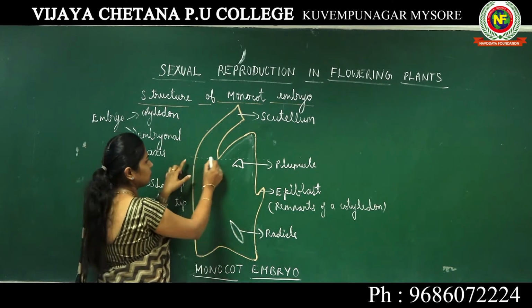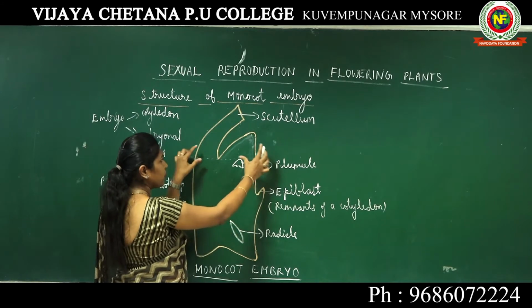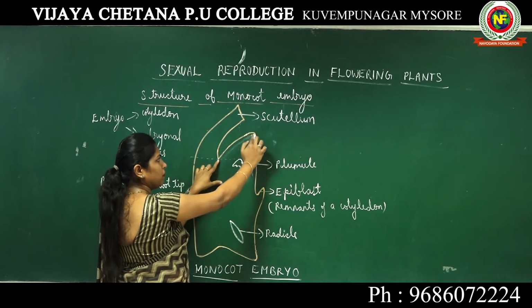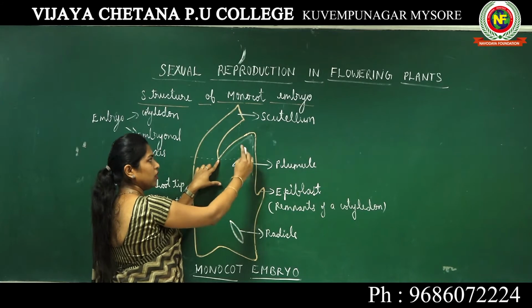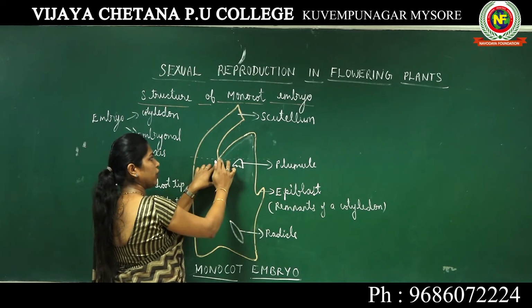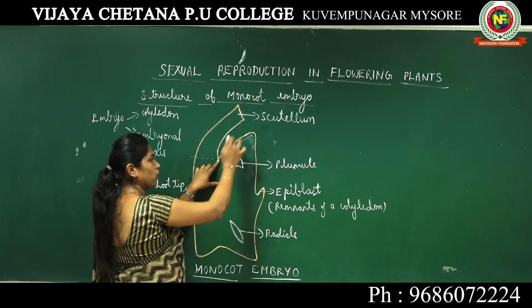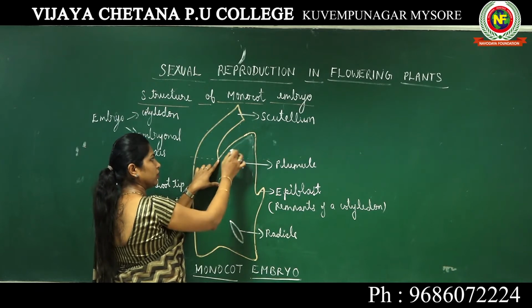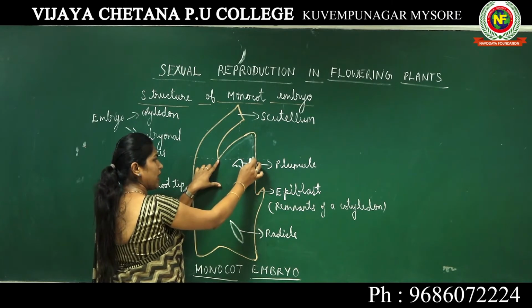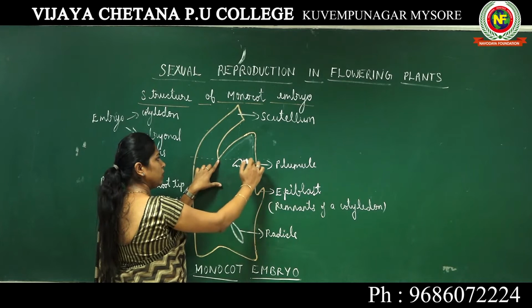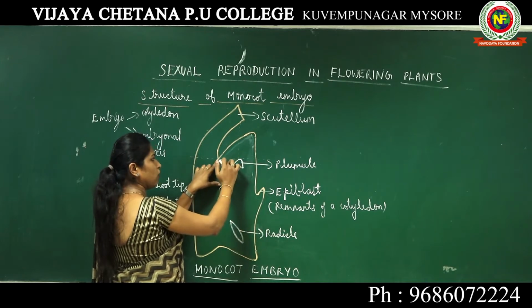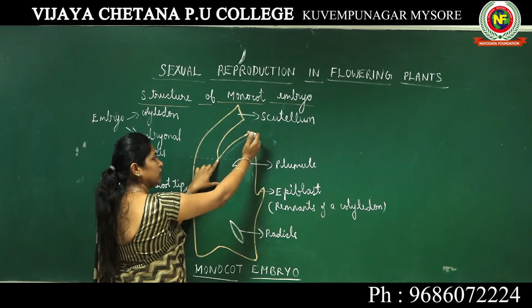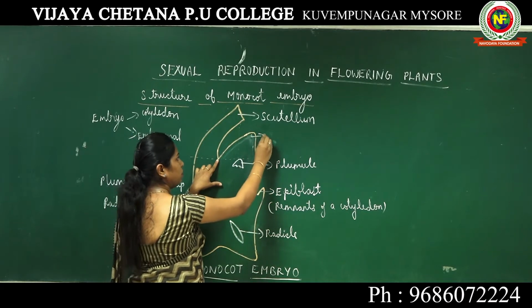If I mark this location, the region of the embryonal axis above the location of the cotyledon or scutellum, this part of the embryonal axis above the level of the cotyledon is known as epicotyle.